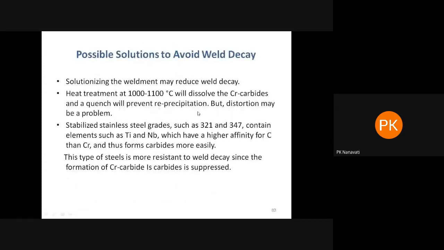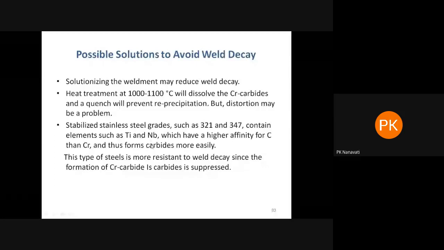Okay, now how to avoid sensitization? Once you have sensitization, the remedy is to heat the weld joint to 1000 to 1100 degrees Celsius to dissolve all chromium carbides. This chromium will go back into solution. Or you can use a stabilized grade of stainless steel like 321 and 347, which contain titanium and niobium.